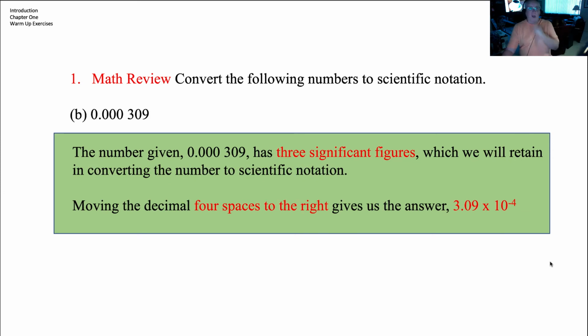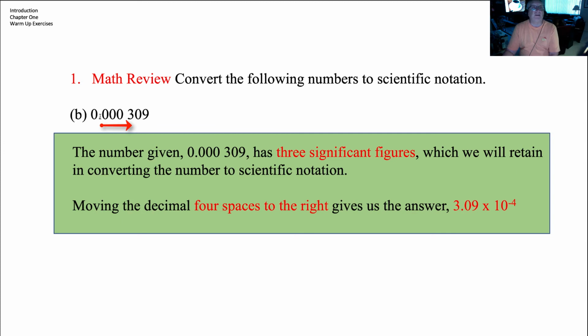So now let's look at the fractional decimal number, 0.000309. In this number, we only have 3 significant figures. The leading zeros after the decimal point are not considered significant figures. So again, we will retain the value of 3 significant figures when we convert the number to scientific notation.